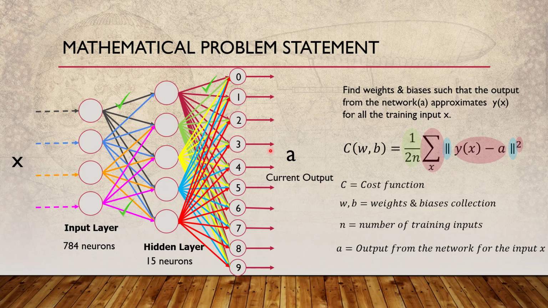That will not be a smooth function of the weights and biases. So if I just change the weights and biases, we will not know how the output will change. We will be using calculus, specifically derivatives, to understand the behavior of this function.